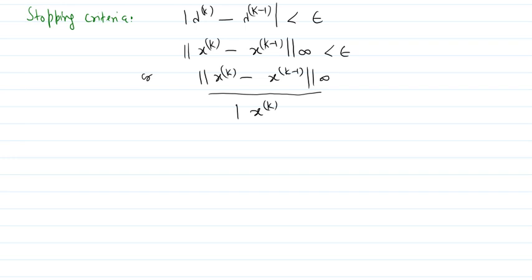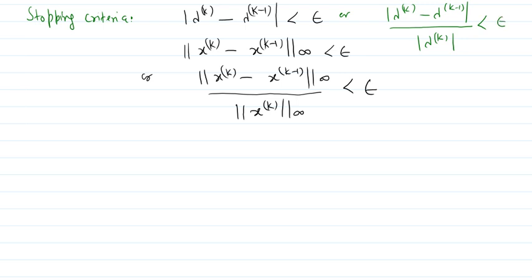So xk is the value of the eigenvector at the kth iteration, and epsilon is the tolerance that we will predefine, you can say the desired accuracy that we want. You can also write the stopping criteria in relative error for the eigenvalue, and we assume in numerical methods that the new answer is better than the previous one, so we are dividing with lambda k, the value of the eigenvalue at the kth iterate.